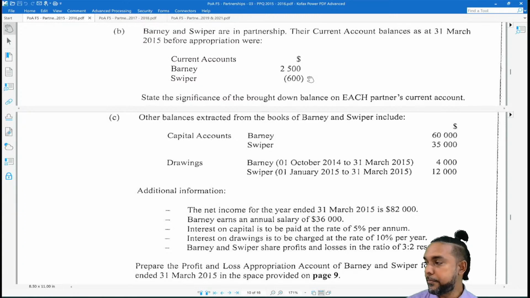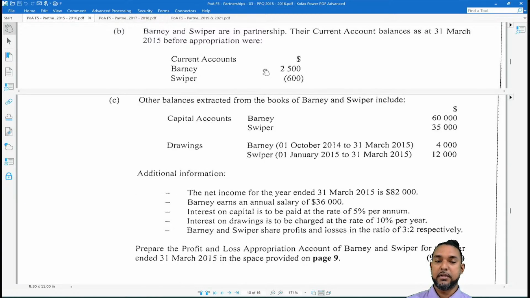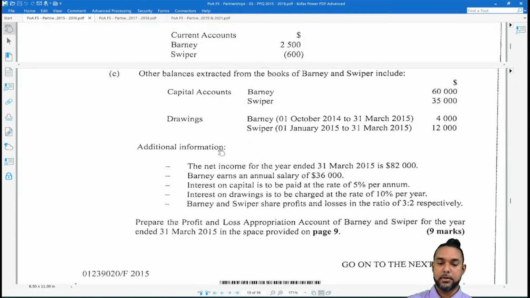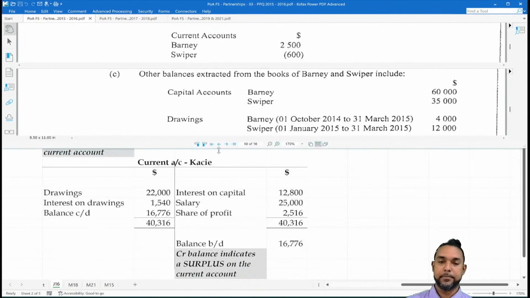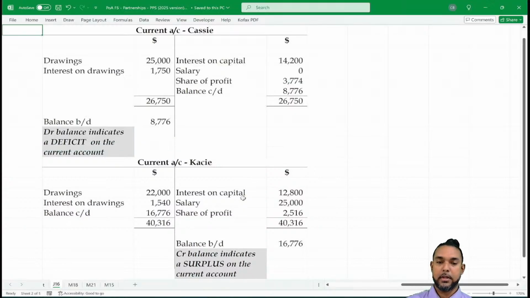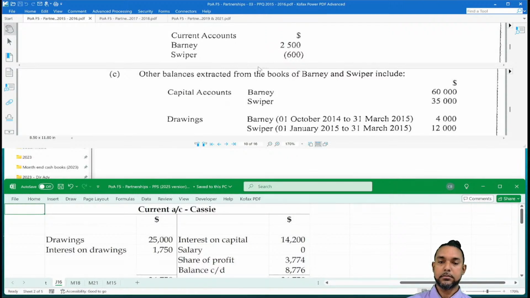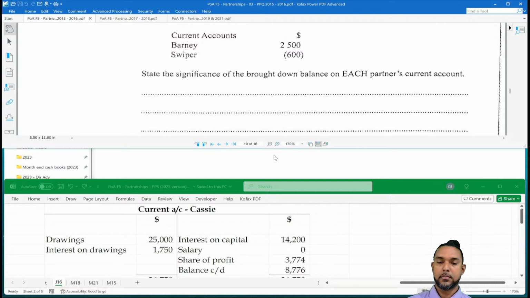Long story short, it's really only that information at the top we need, because the other information we can glean from the appropriation account. So current accounts, let's push that to the top, and we'll push this one below.